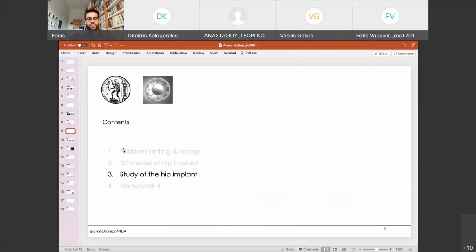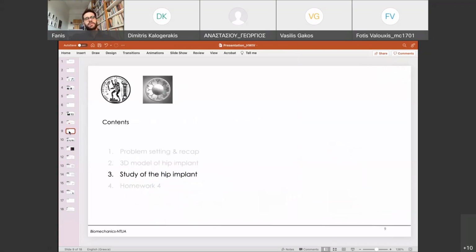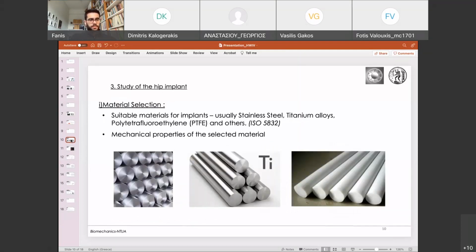Then we will need to study the model, this basic geometry we created. We need to study it and see if it's good for our purpose, if it can serve as an implant or not. So one of the first steps is to select a suitable material.